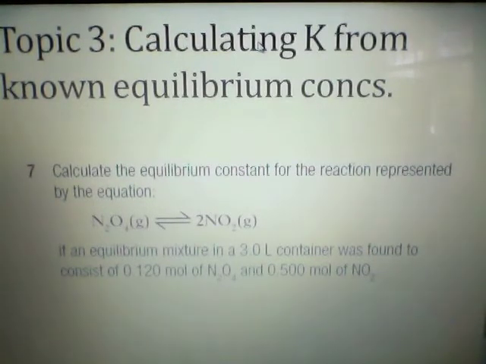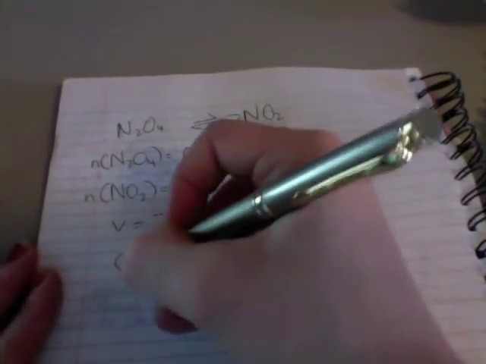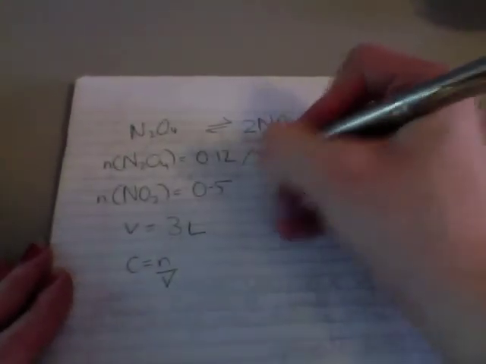We can easily work out the concentrations. C equals n over V, so dividing each by 3 will give us the equilibrium concentrations. Let me work that one out.